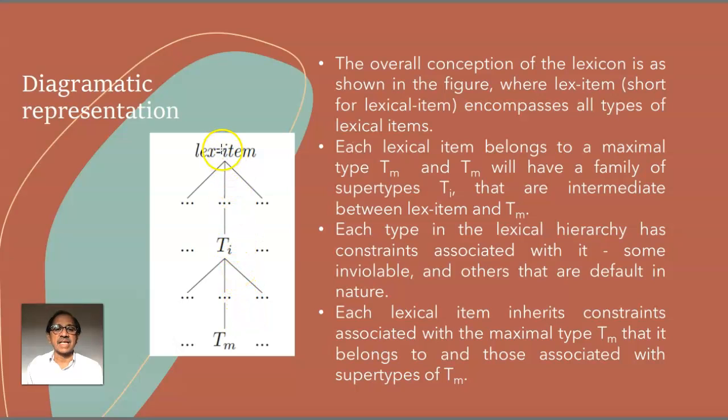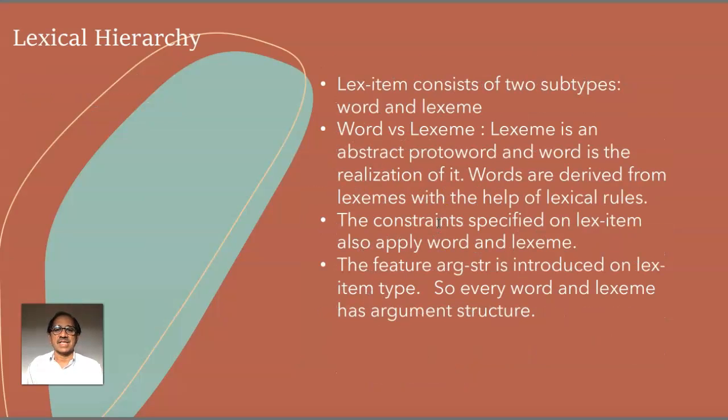Right? Each lexical item inherits all the constraints from TM and also from TI. Let's look at the lexical hierarchy. So each lexical item consists of two subtypes.